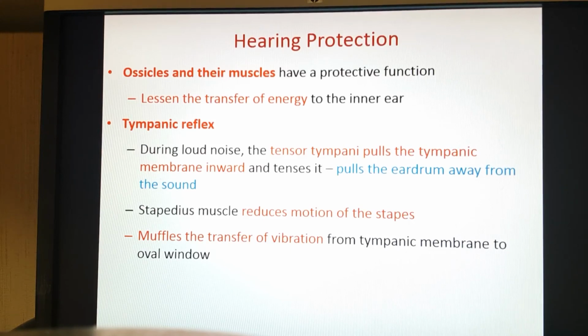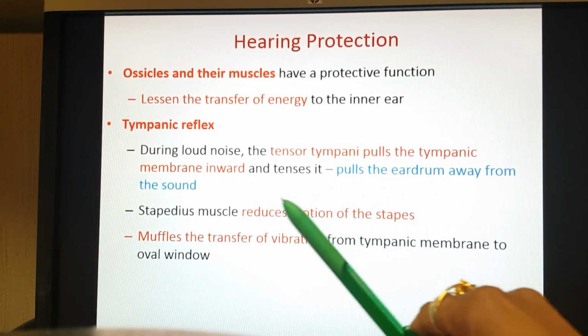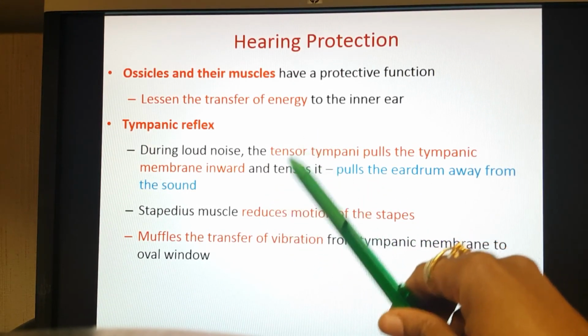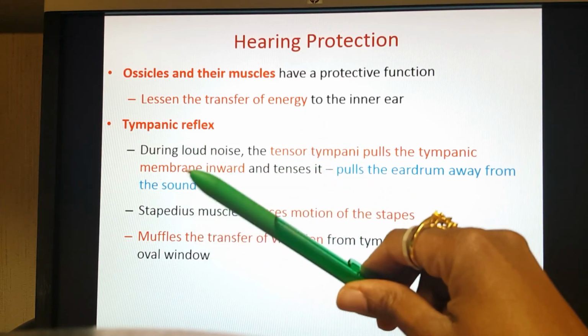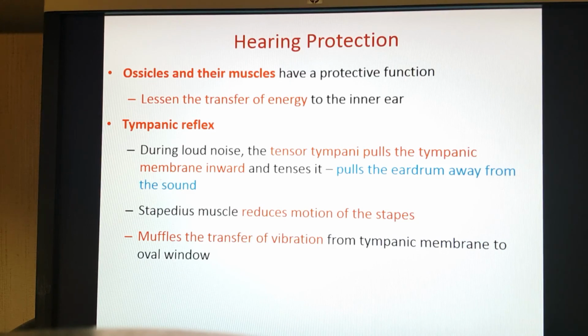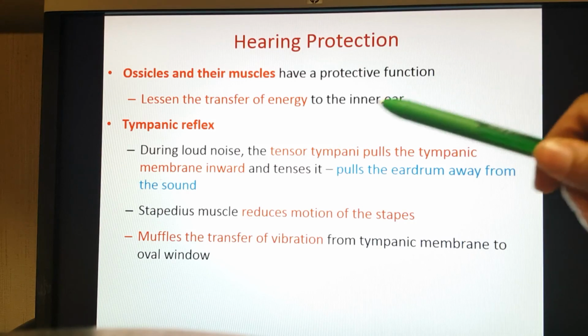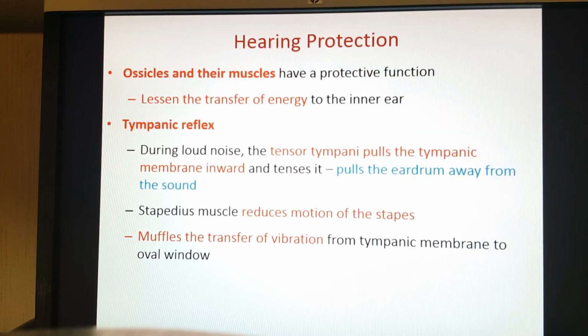The tensor tympani muscle pulls the tympanic membrane, your eardrum, inward, therefore making it more tense and therefore less likely to vibrate in a situation where you're having loud noise. So it lessens the transfer of energy and the ability of responding to that energy from the sound waves hitting that eardrum.